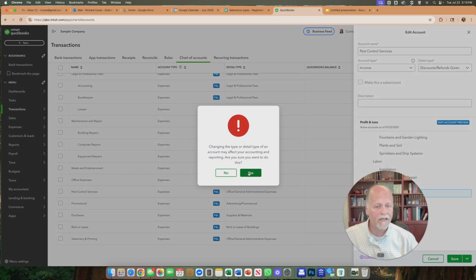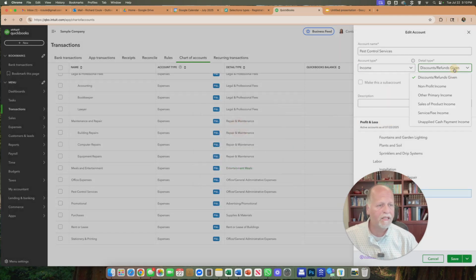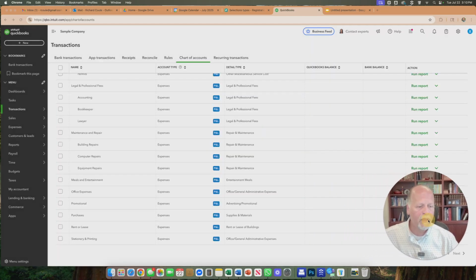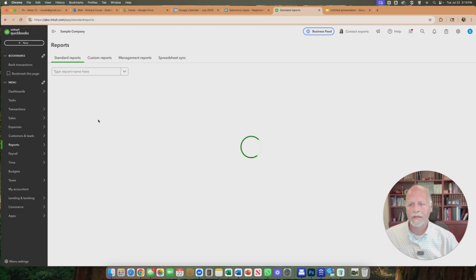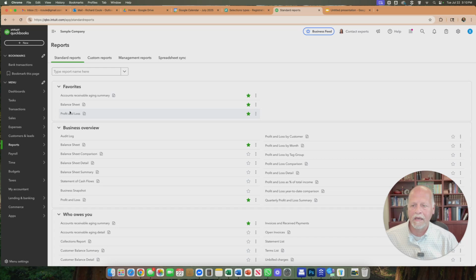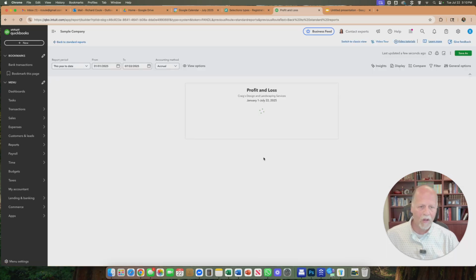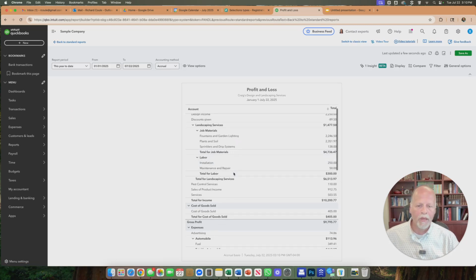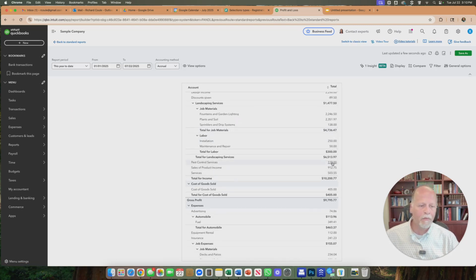It's again going to give me the error. Yes, I want to change this. This is other primary income. And I'm going to hit save. And now we're going to go back and run that report one more time and see that it's popped back up to the income section of the profit and loss, and the negative amount is going to go away. So now pest control is an income item, and we've gotten rid of the negative there.